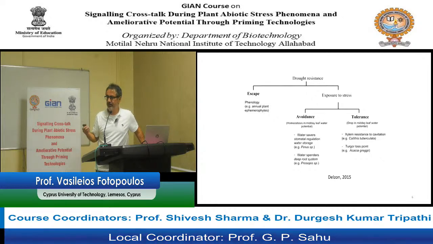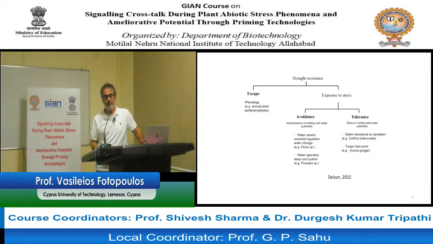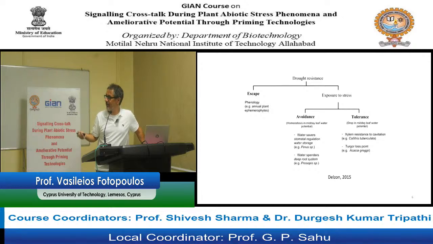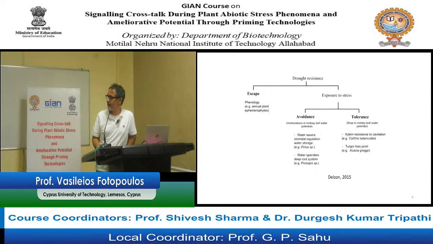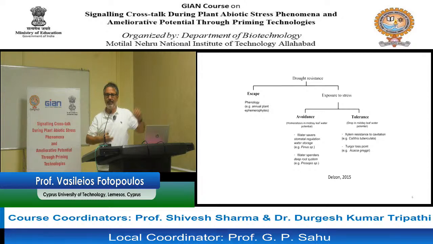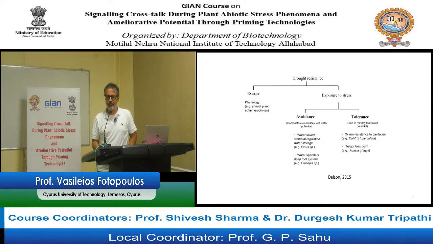In terms of responses of plants to water scarcity, first of all, plants are always ideally looking for an escape strategy, represented by relative phenology of the plant, such as in the case of annual plant extremophytes. In this case, you completely evade the danger of the specific stressor.